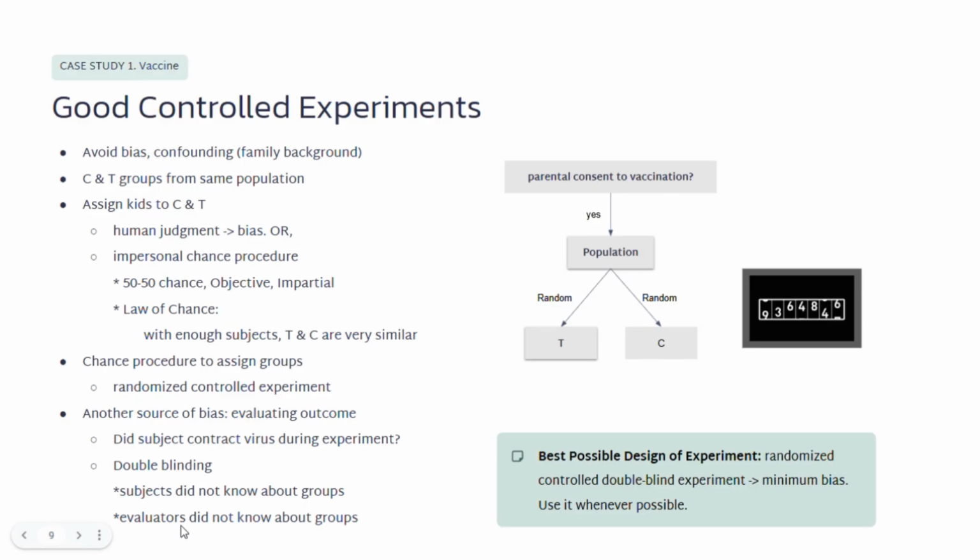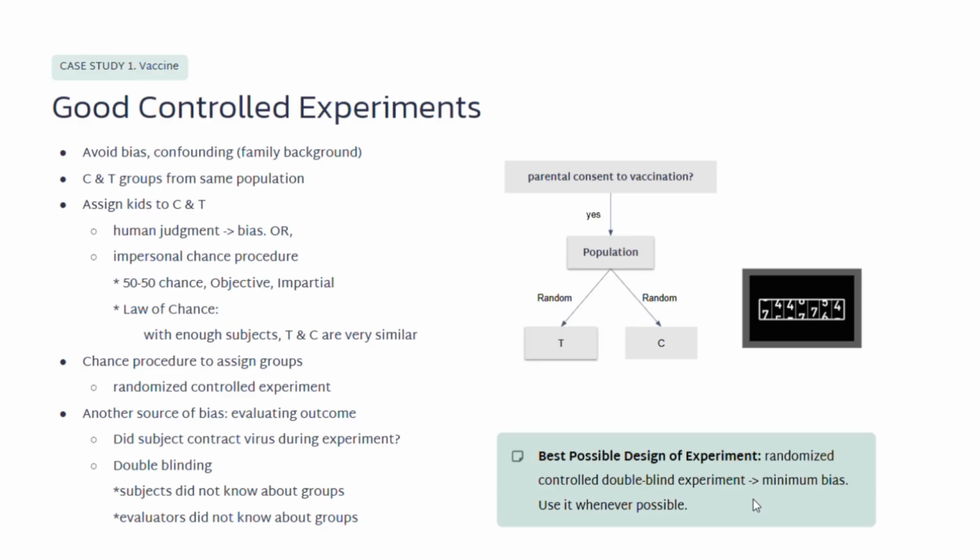So the best possible design of experiment is randomized controlled double blind experiments. Okay, randomized controlled double blind. By doing so, you minimize the bias in your study, in your experiment, and the rule is that we should aim to use this framework wherever it's possible.